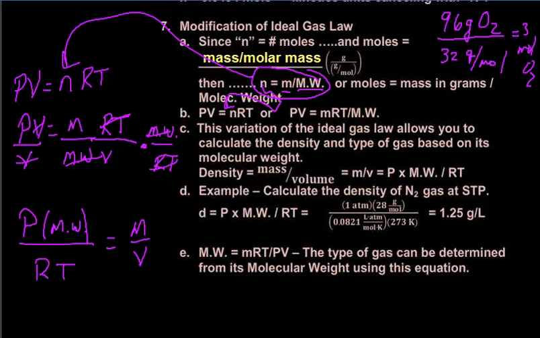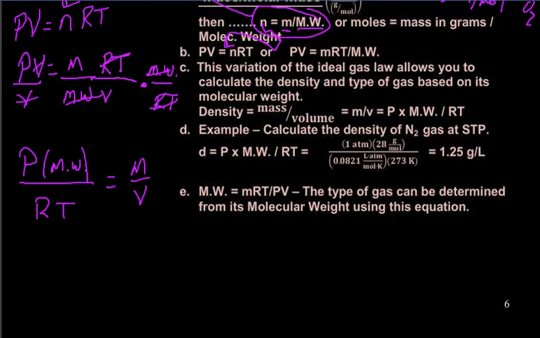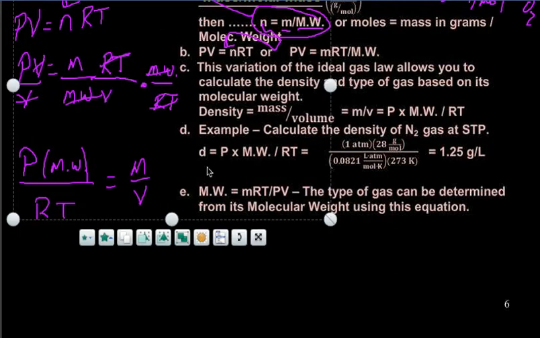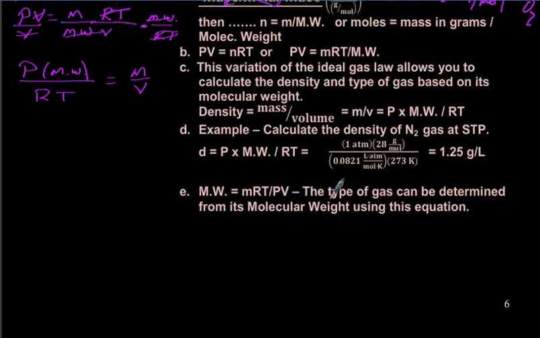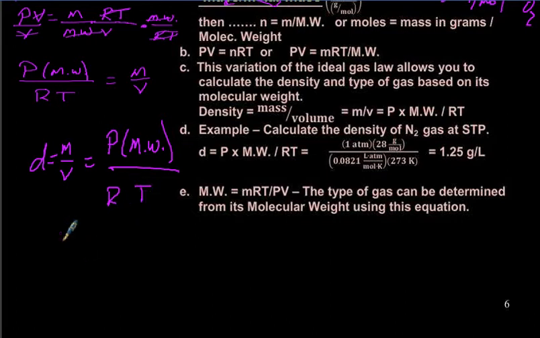All right, so let's calculate this. Our example is: calculate the density of N2 gas at STP. So our density equals mass over volume, which equals our pressure times our molecular weight divided by R and T. Well, our pressure is STP, so that's going to be 1 atmosphere.